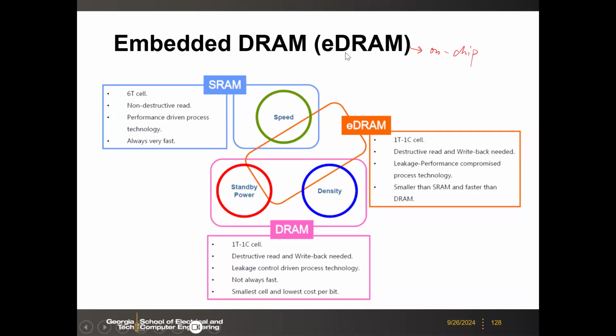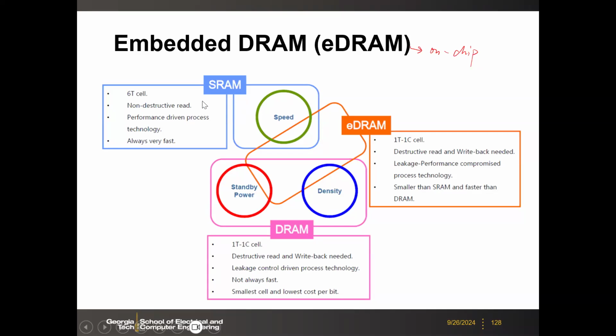So this is not mainstream, but it's an interesting space, and that might become very useful for the future generations of the processor. So here, the idea is that we want to integrate the DRAM cell on chip.